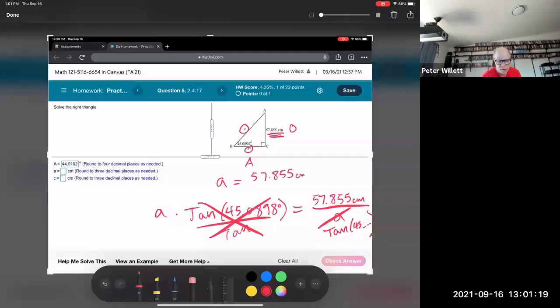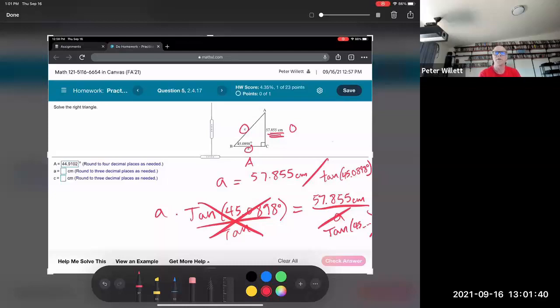57.855 centimeters divided by the tan of 45 degrees, or 45.0898 degrees. And so that will give me A. So I'm going to do that over here on my calculator.